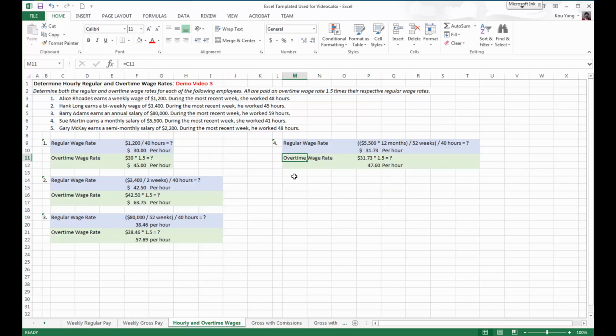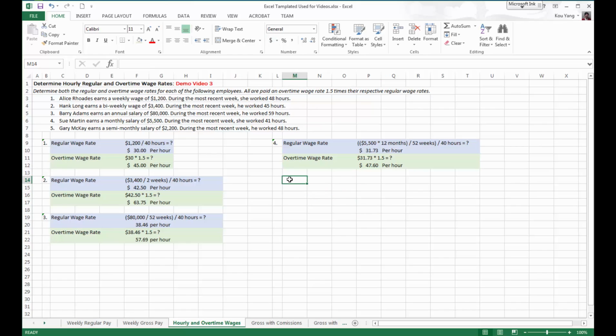Okay, so that's how you convert up and then break down a monthly salary to find her hourly rate and an overtime rate.